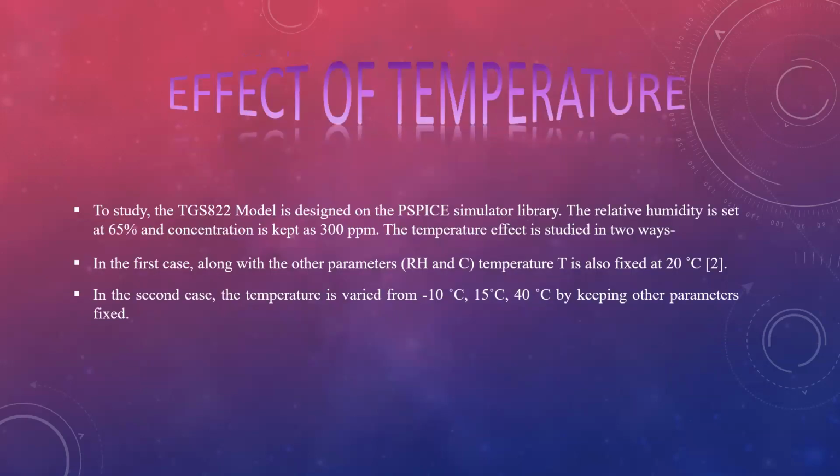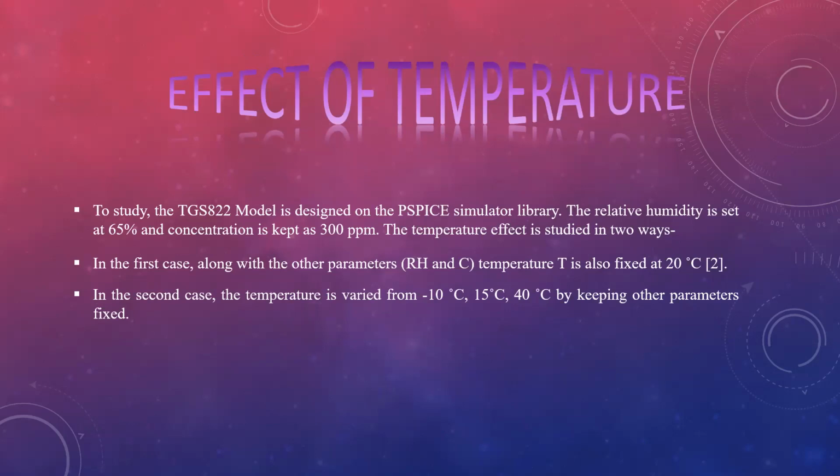So to study this model, what we have done is we have taken two cases. For both the cases, the relative humidity is set to 65% and the gas concentration is kept at 300 ppm. The temperature effect is studied in two ways. In the first case, along with all the parameters, RH and C, which stands for gas concentration, temperature is also fixed at 20 degrees Celsius.